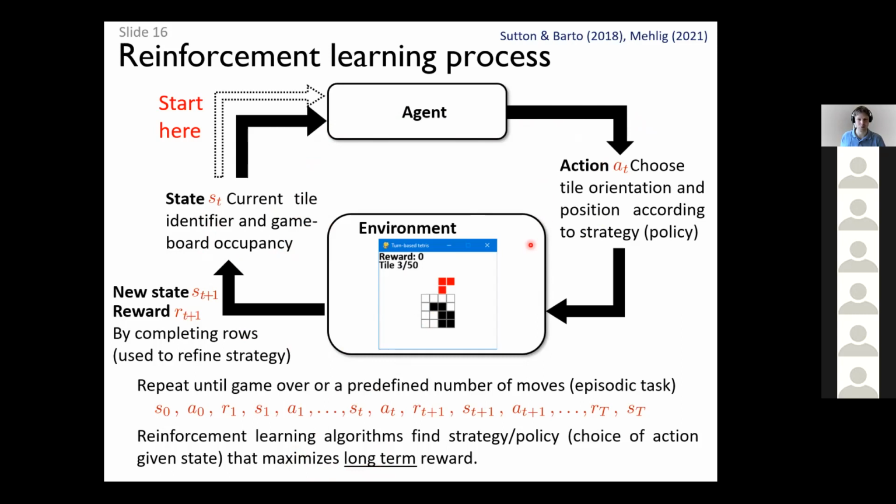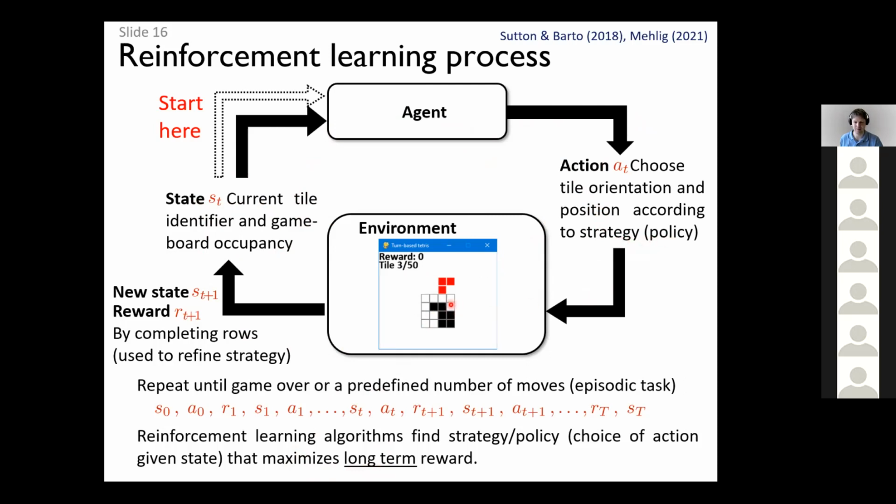So going back to the reinforcement learning framework, starting at the state, we need to choose an action in some way, and that is done following the current strategy, which is called a policy in a reinforcement learning context.